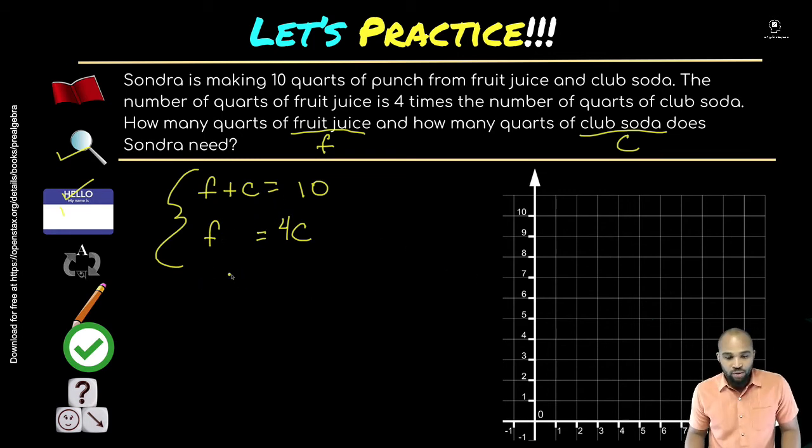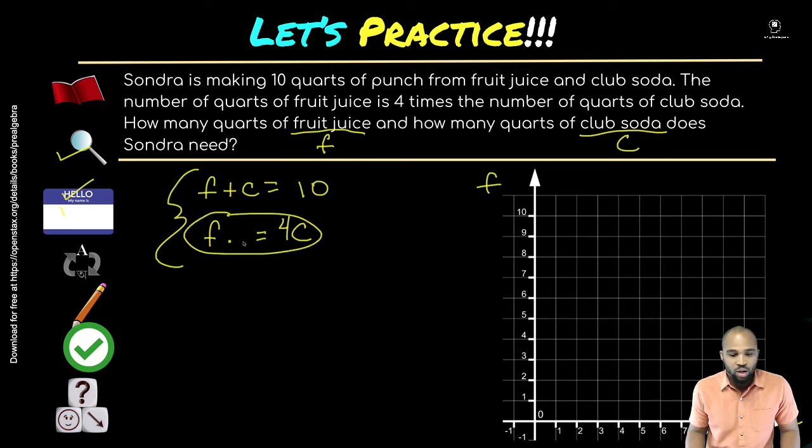All right, let's graph this. Let me see, how did I set this up? So I'm going to make this x-axis my C, and we'll make this our F. Let's get a table, although for this one it shouldn't be too hard.